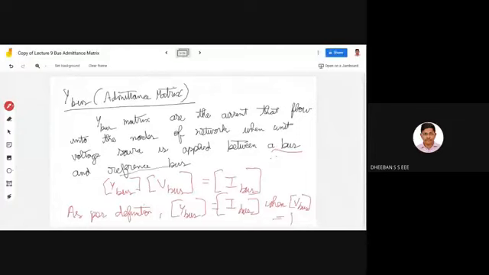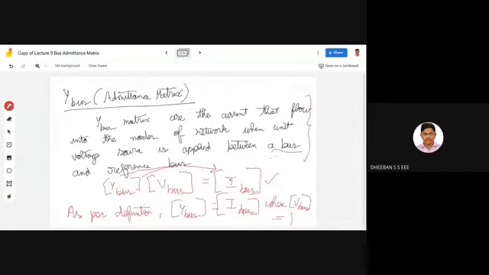This definition is very easy to understand with respect to the equation. As you already know, Y bus into V bus equals I bus. So this Y bus directly represents the current.